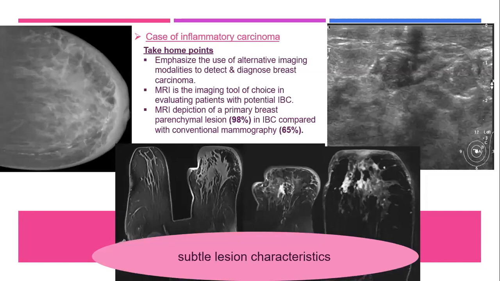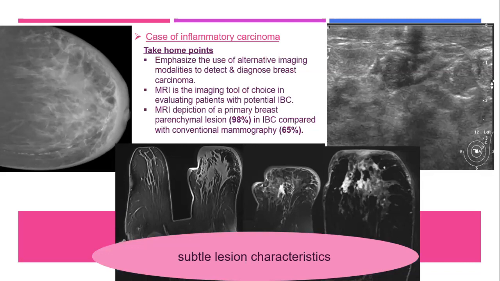Sorry, for the previous case, I have a question. Actually, I didn't get what you mean. Is it a mass-like or non-mass-like enhancement for this case? Non-mass-like enhancement. We said we have a focus, we have a non-mass-like enhancement, and we have a mass.